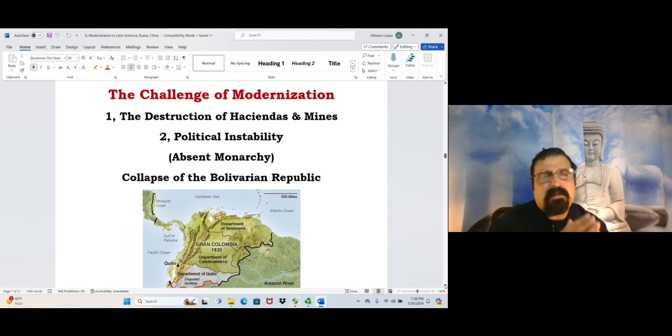But when it came to the economy, those countries also faced the question as to what kind of economic system are we going to implement? Are we going to stay with the old feudal system that Spain had implemented, for example, in earlier times, or are we going to be moving on into a new time, a new system that will be more consistent with the liberal ideas of the Enlightenment?